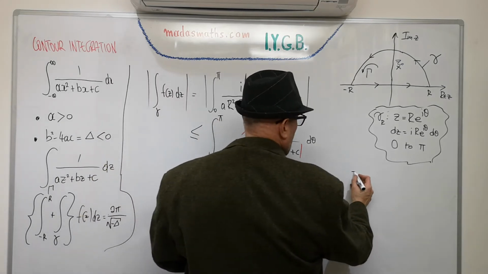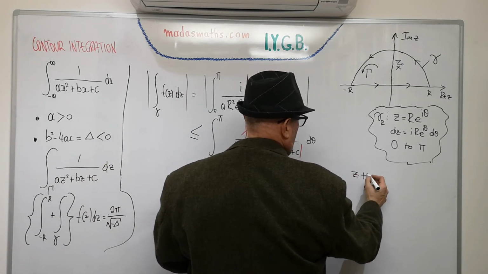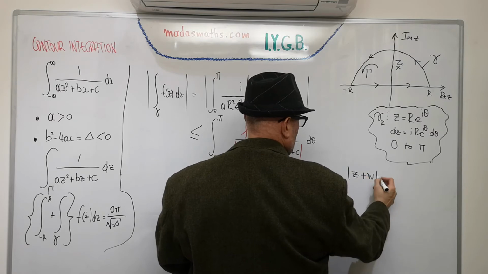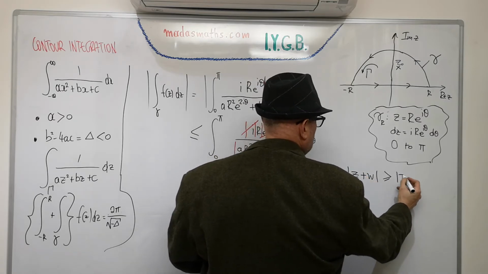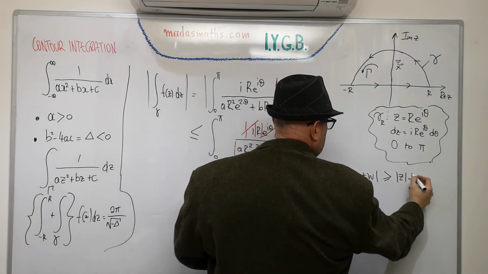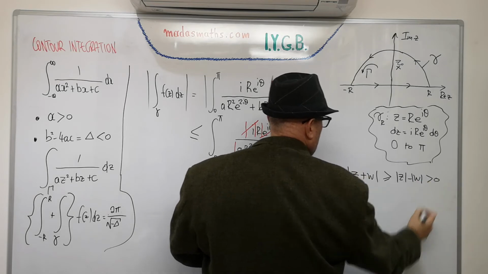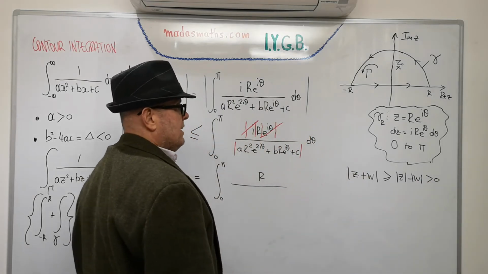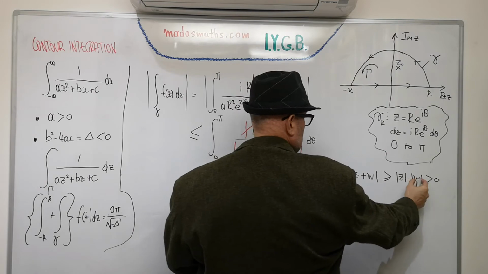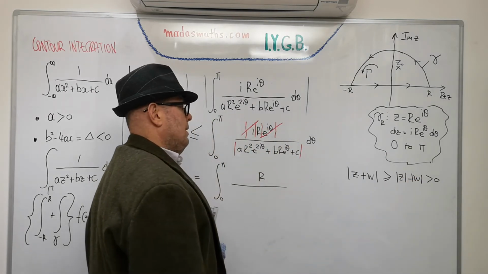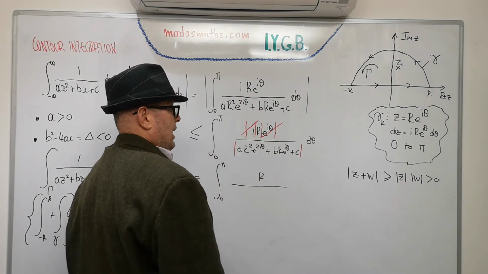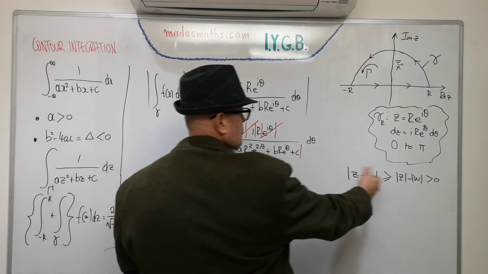What happens now with this line on the denominator? We're going to use the inequality mod of z plus w is greater than or equal to the mod of z minus the mod of w, and this is bigger than 0. You might ask how you know that subtracting these moduli gives something bigger than 0. Well, if it's not, just swap them around.